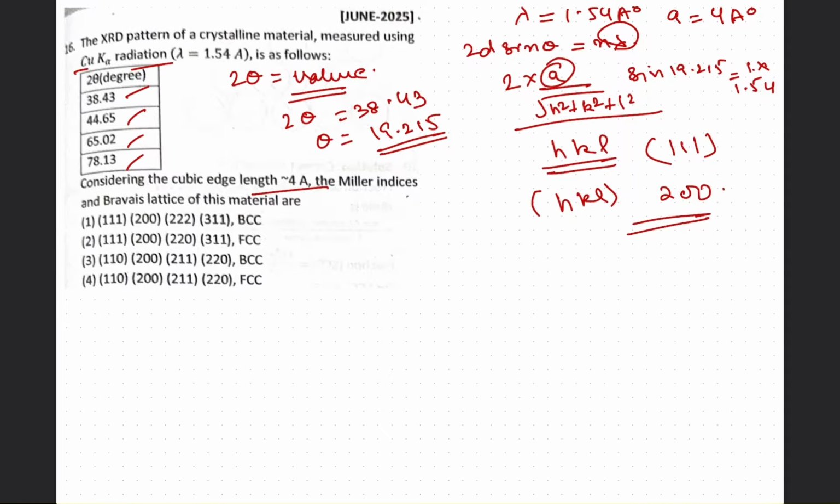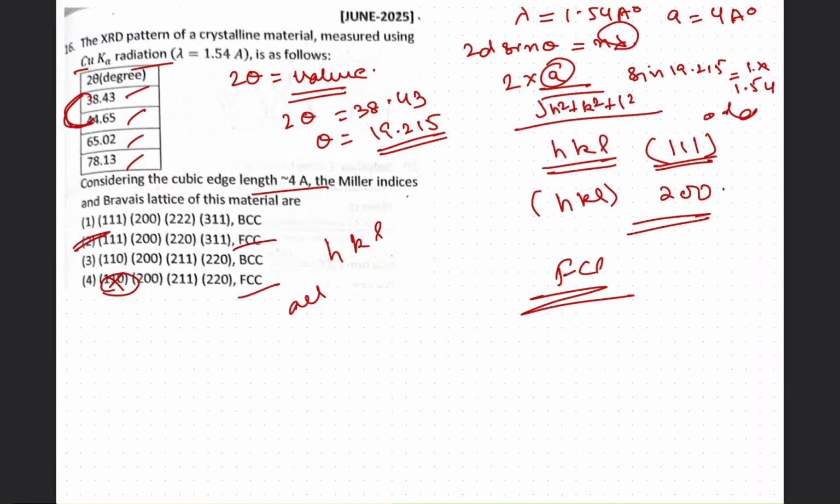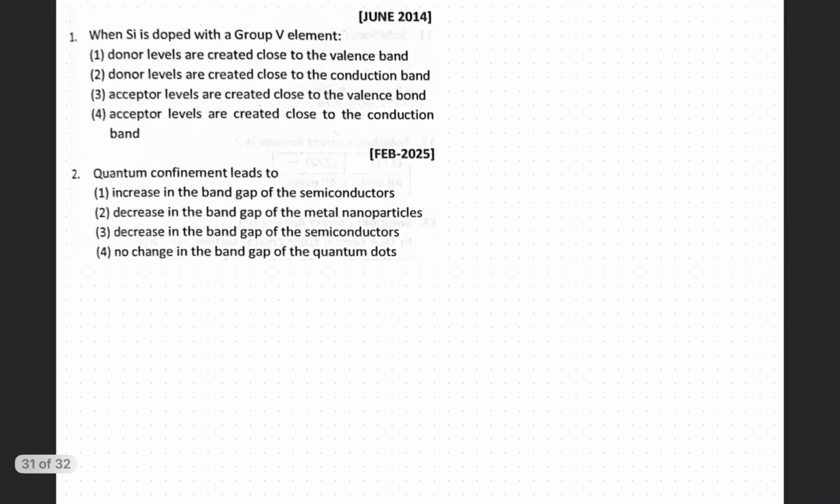For the first two only, when you evaluate you will get all odd and all even, so it will be FCC. And the answer will be FCC. This other option is not possible, right? Because for FCC, HKL should be all even or all odd.